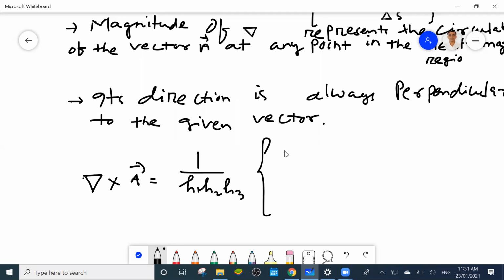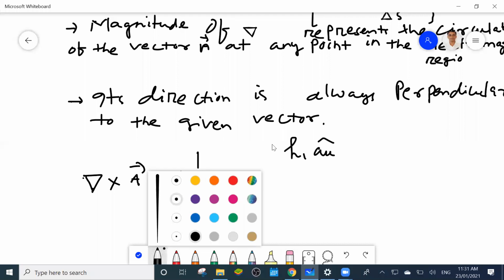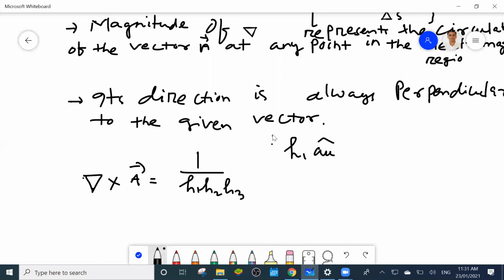Then see here, I am writing it in matrix form, the determinant.